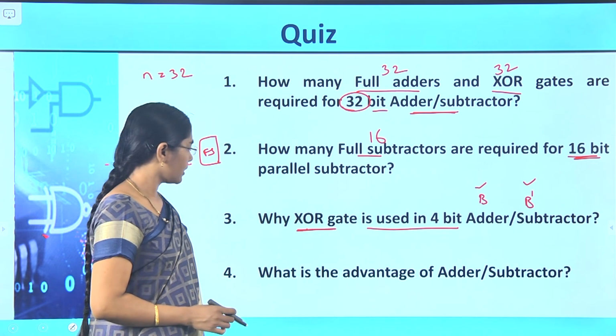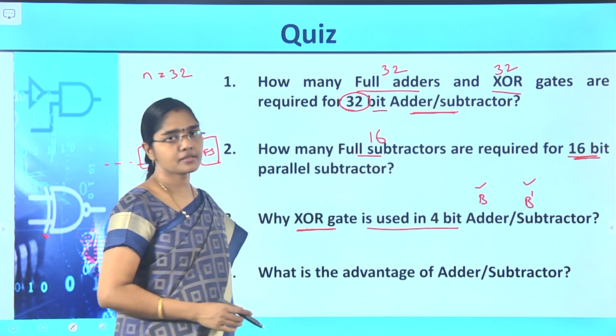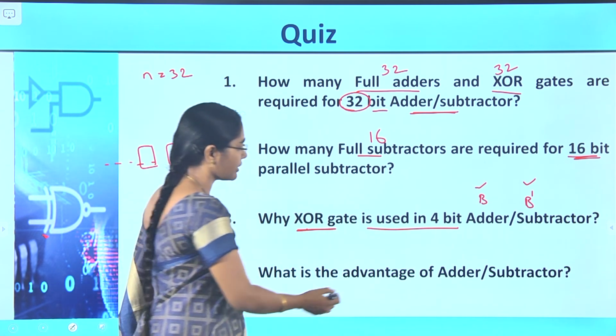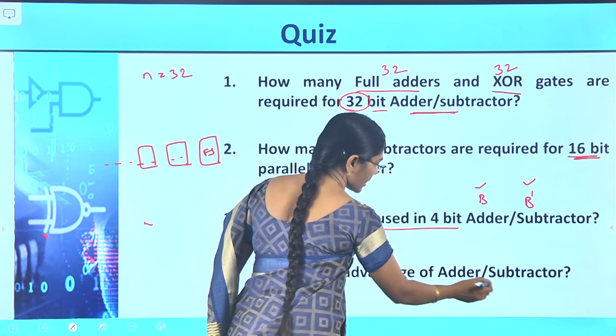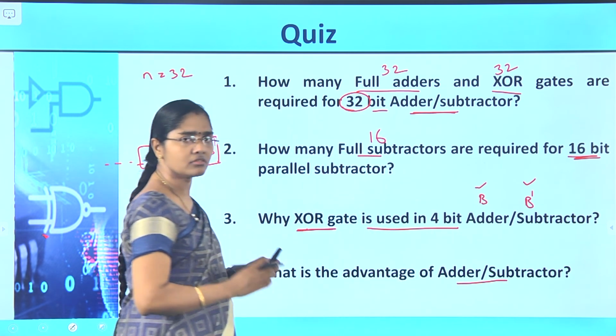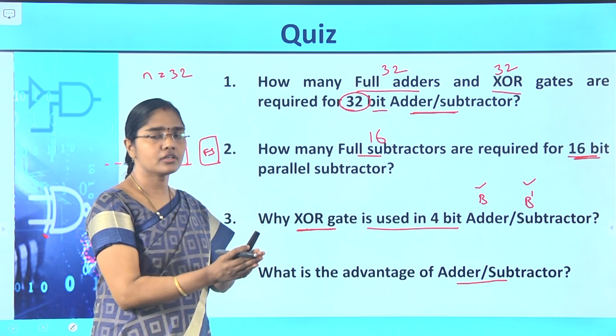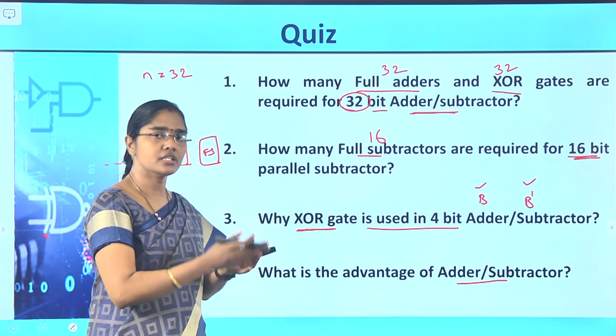Next one. What is the advantage of adder bar subtractor? The advantage is nothing but with the same hardware, we are doing both operations. With a single hardware, we are doing both addition and subtraction.